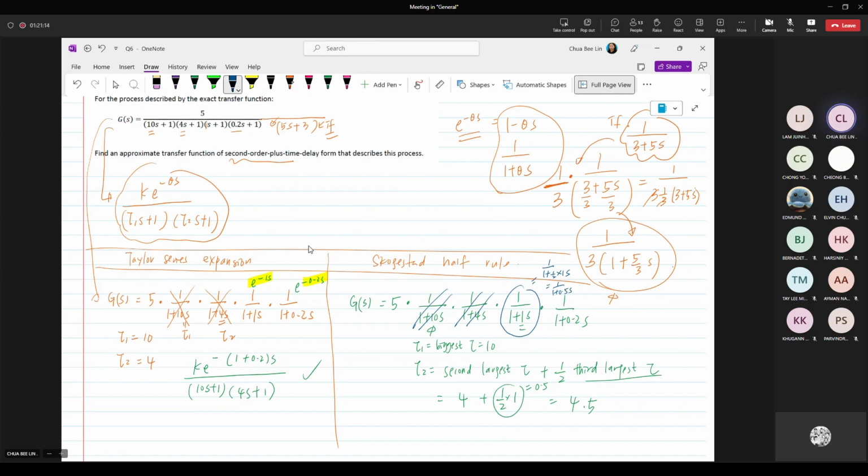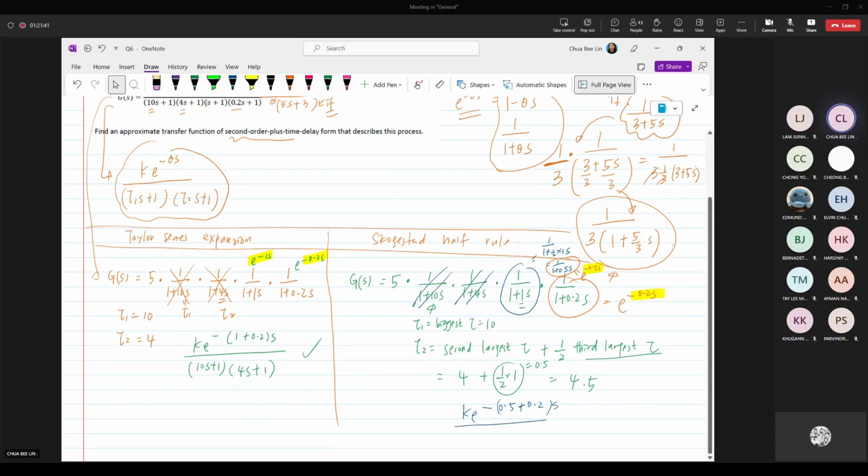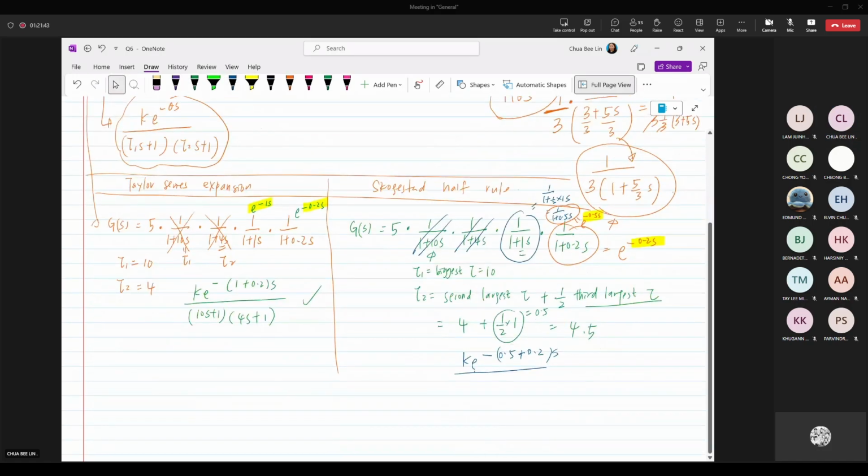So from here, you will have this equivalent to e negative 0.5s and this one equivalent to e negative 0.2s. Then you highlight this one and this one. So the final answer is K e negative 0.5, 0.2, so it's a plus. Then s over the biggest 10s plus 1, and then 4.5s plus 1.